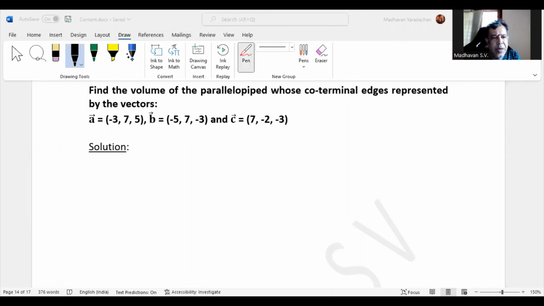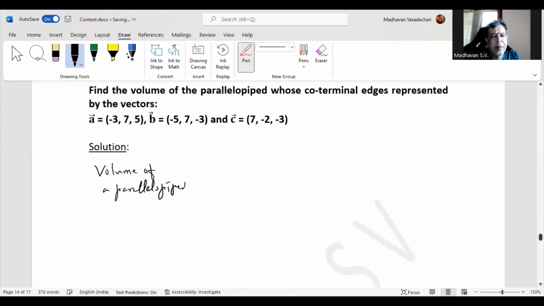Straight away, volume for a parallelopiped is nothing but the determinant formed by these three vectors: minus 3, 7, and 5, minus 5, 7, and minus 3, 7, minus 2, and minus 3. Now let us evaluate this.